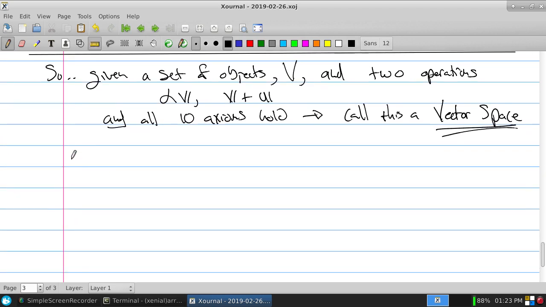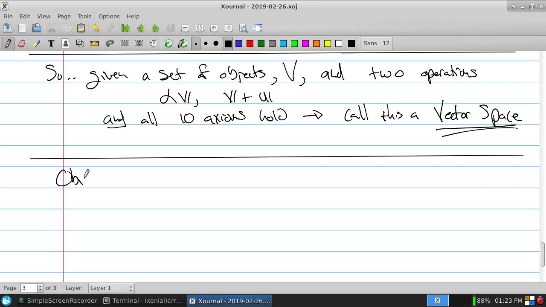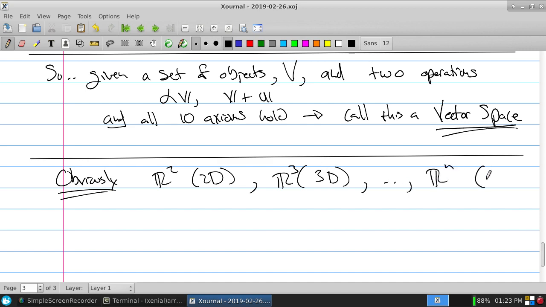Let's try a strange one. I'll start off with this. Obviously R2, which is 2D, R3, which is 3D, Rn, which is nth dimension, are all vector spaces. Check.